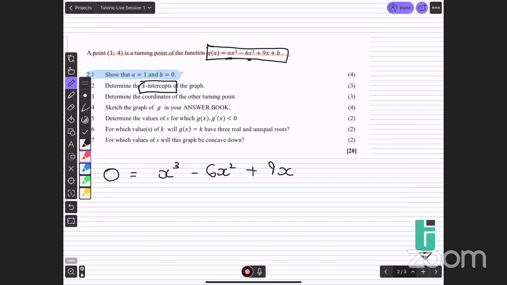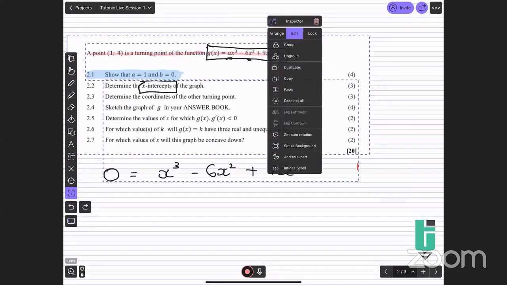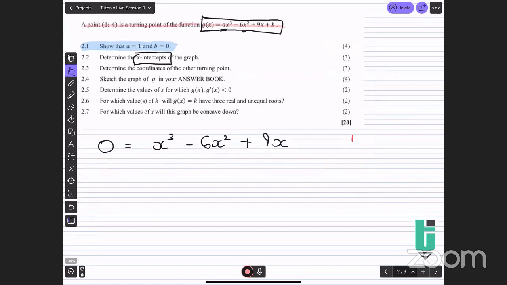Nafisa? You find the factor. So how do you find a factor? You sub in 1, 2, 3, then you see what will make it equal to 0.